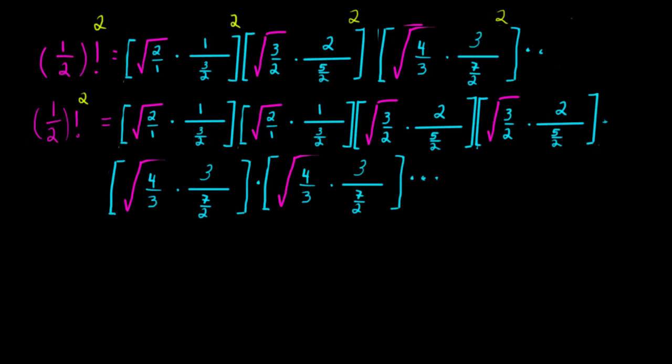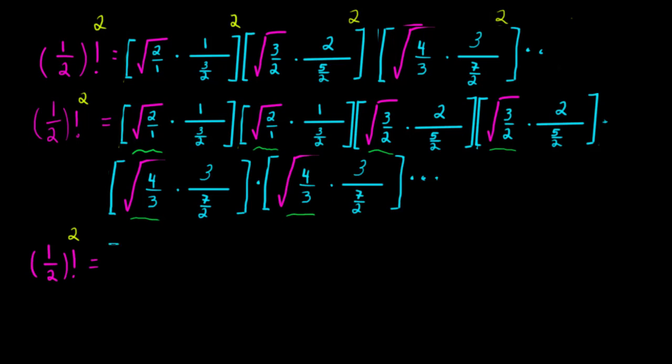And now when we do that multiplication, things get simplified even further. So 1/2 factorial squared. Look at the first term in each of those bracketed groupings. The radical 2 over 1, I'll underline that here, and then the radical 3 over 2.